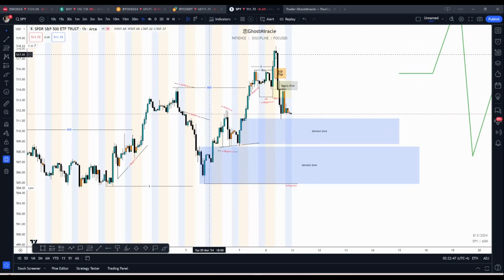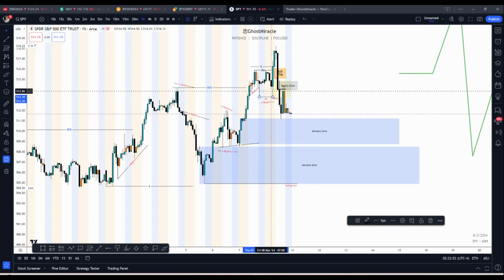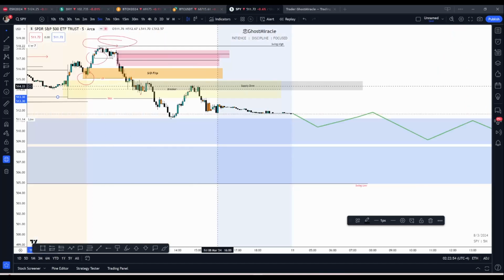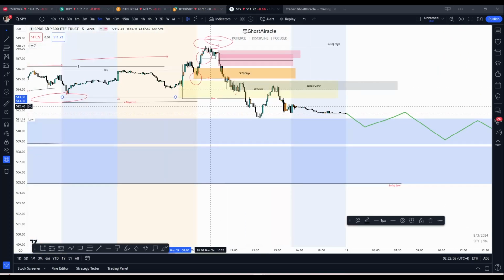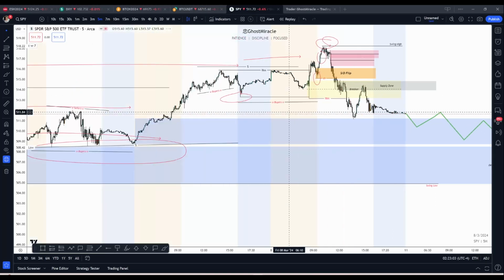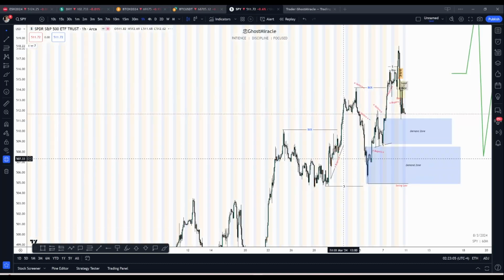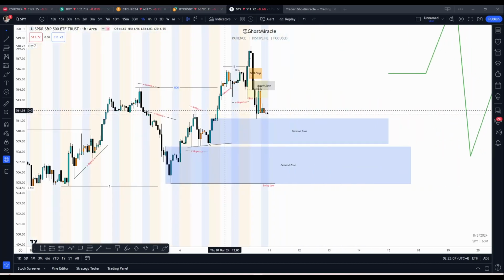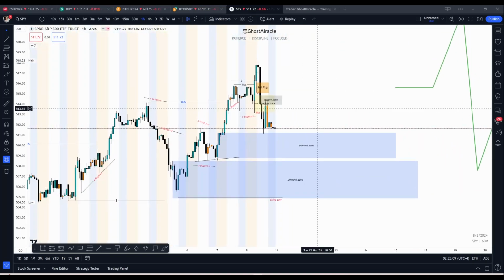Based off of what you have on your 1 hour now, I would definitely say that would be... I don't know why this is labeled church. Maybe from... I don't know why that was labeled church.